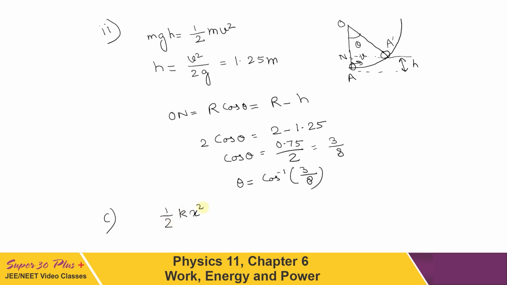Since it has to reach point C, just after leaving the contact, what speed will it be having? If we write half kx square equal to half mv square, where v is the speed at the point when it just leaves contact with the spring, we will get v equal to x root under k by m. This is our equation number 1.